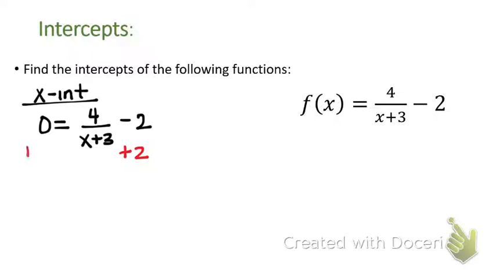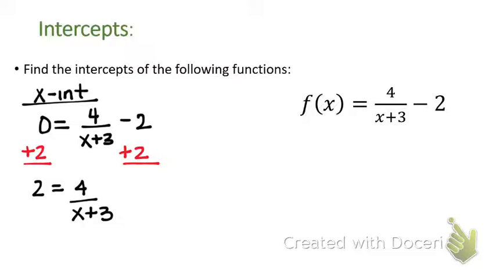First thing we would do is add the 2. So we have 2 equals 4 over x plus 3. So we brought that 2 over because it was negative, we had to add it.